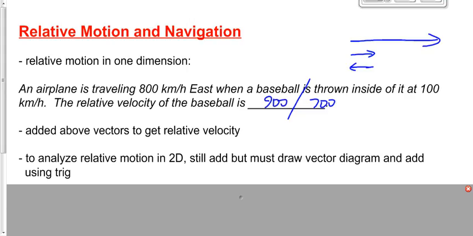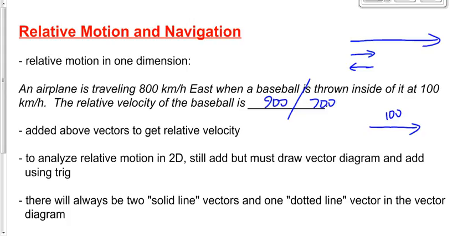In other words, if I throw a ball at 100 kilometers per hour to the east, the airplane is moving at 800 kilometers per hour to the south, then I would add those two vectors together just like this, and the velocity relative to the ground, or the relative velocity, would be the resultant vector, the sum of both of those vectors. And we know how to find that, right? We know how to find that red line vector. We do the Pythagorean theorem, and we can find the angle by using the inverse tan function.